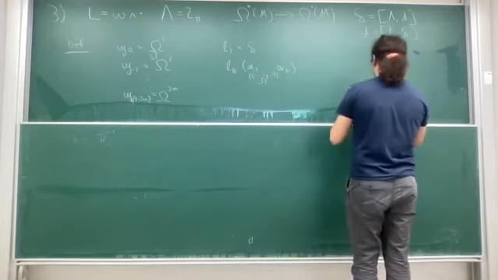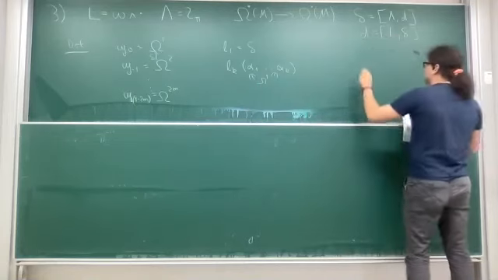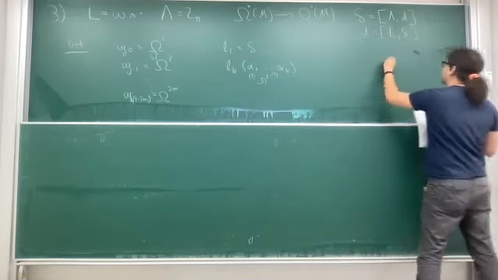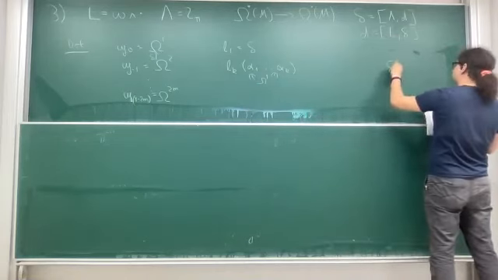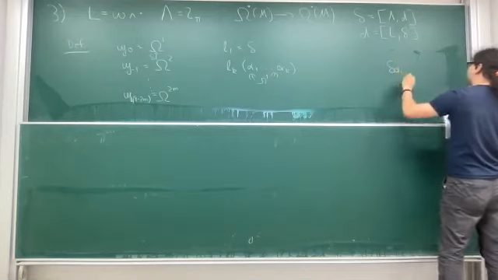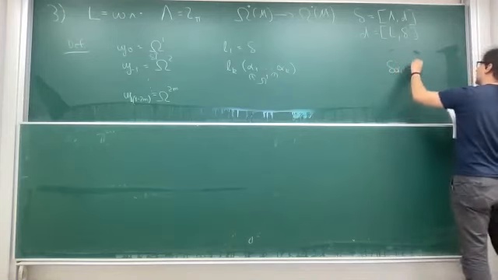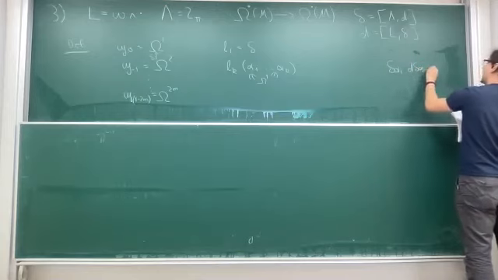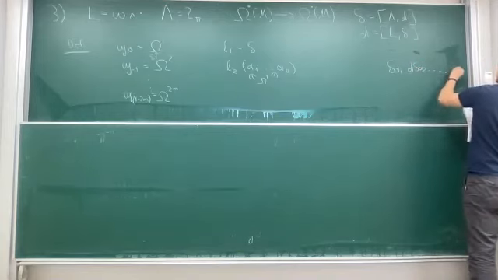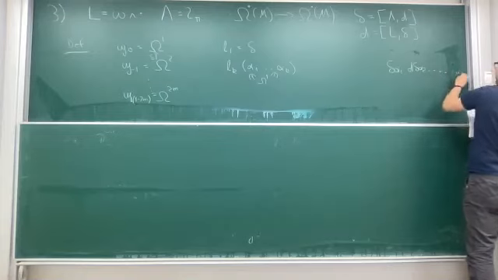So what we can do is we can just take delta of alpha 1, t delta alpha 2, and so on until t delta alpha k.